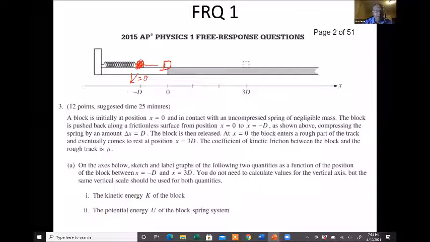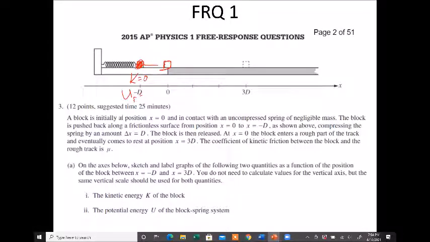At this point, the potential energy would be the elastic potential energy. And how do we calculate that? Anybody remember how we calculate elastic potential energy? MGH. No, that's gravitational potential energy. In this case, we're looking for energy in a spring. It's 1/2 kx squared. Exactly. Where K is the spring constant, which would have to be given to you, and it's not in this problem.